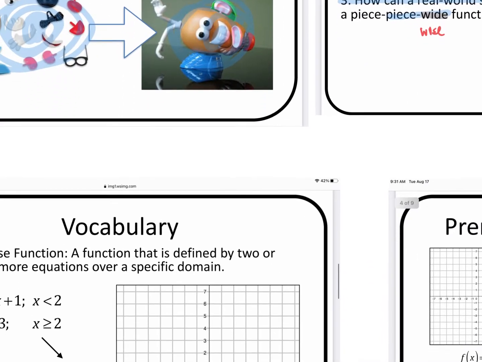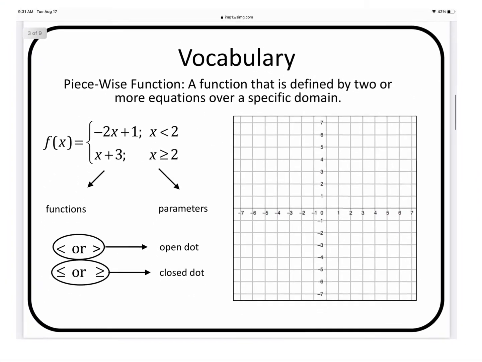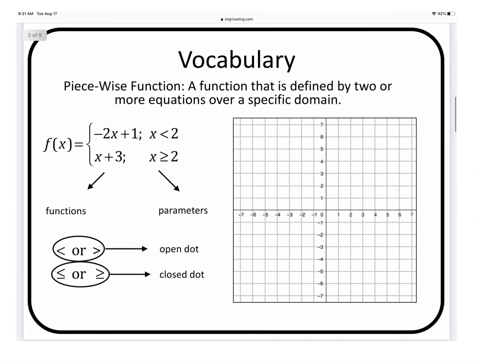So here we go. First thing that we want to look at is the piecewise function itself. It's going to have a y or an output notation here. This is f of x, and then we're going to have a bracket, and then any number of functions right here.